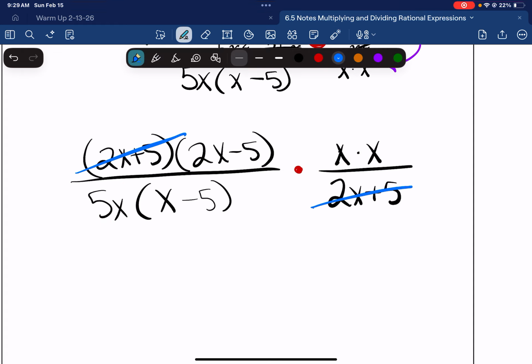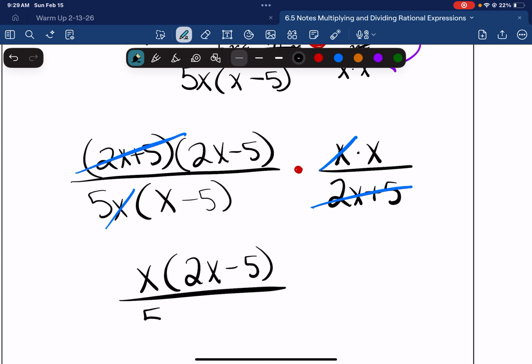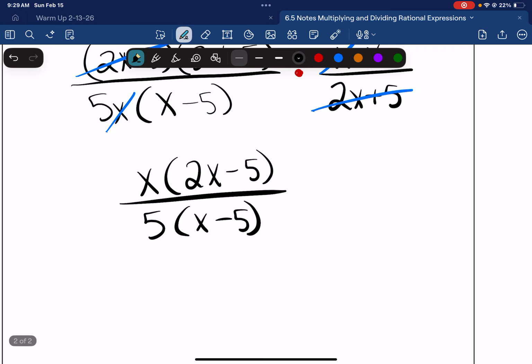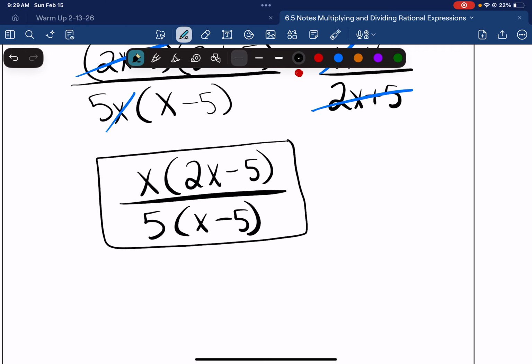We can simplify out one of these x's and this x value. And as I look, I don't see any other common factors. So our numerator is just x times 2x minus 5, and our denominator is 5 times x minus 5. And none of those simplify down any further, so this is our factored answer.